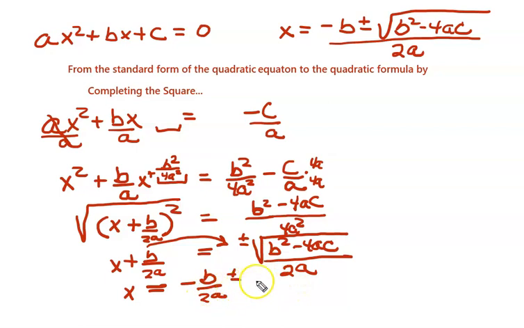We could put it all over the 2a, and that gives us our quadratic formula. And that was the protocol to get there.